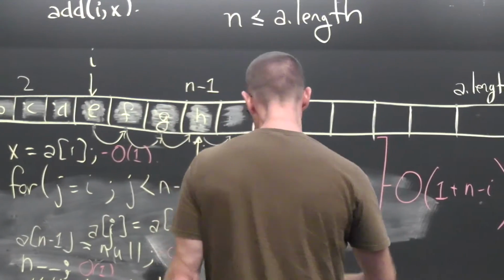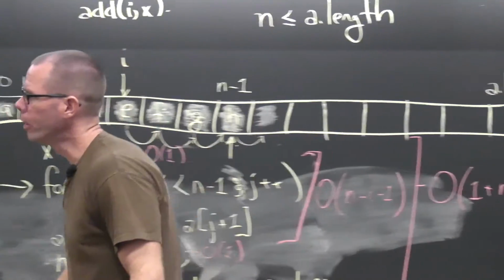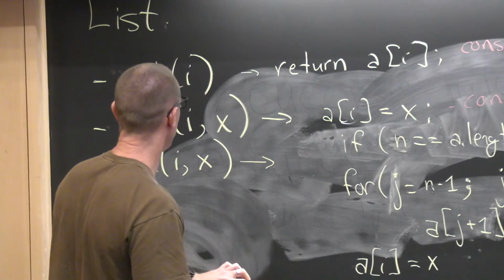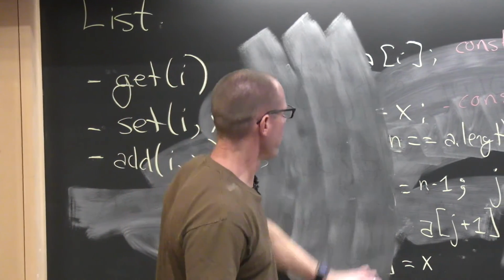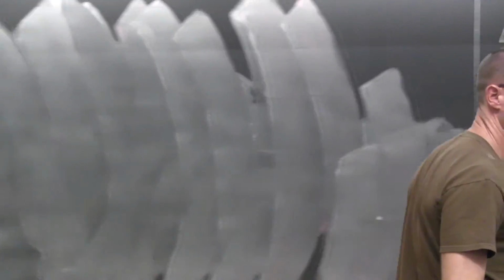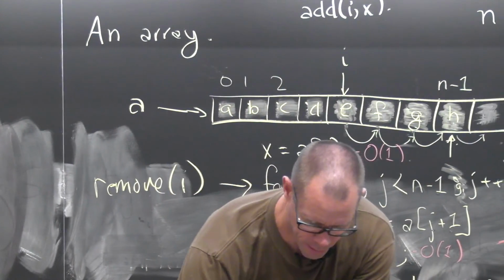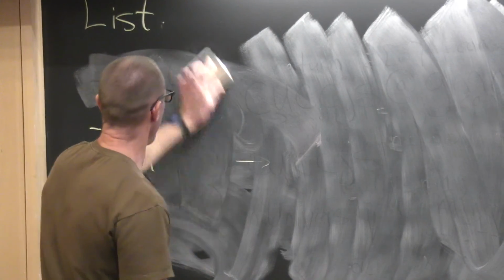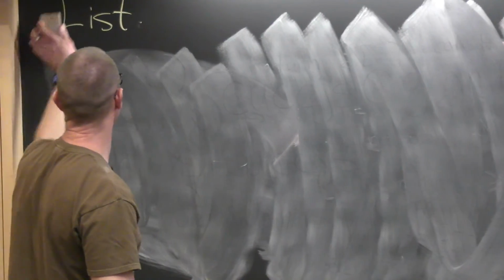OK. So let's write down what we know so far. I'm going to write down a theorem that's going to look a little bit strange. And that theorem says, and the reason I'm writing this down is we're going to see a few things of this type.